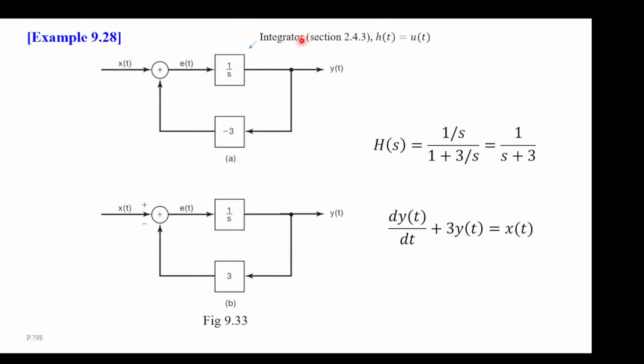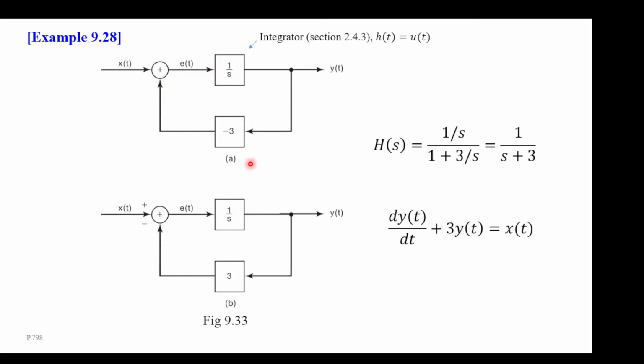This example is also one we did in chapter 2, where we designed a similar thing. But when we did that, we were thinking about integrators, saying that y(t) equals some integration of x(t), etc. And that checks out. So in chapter 2, we actually have this diagram. It's -3 here and a plus sign here.